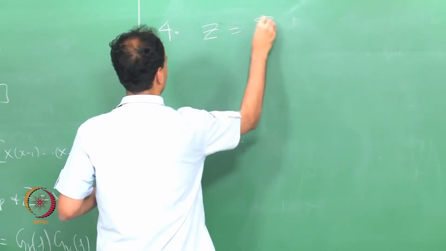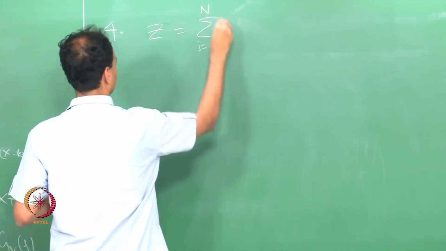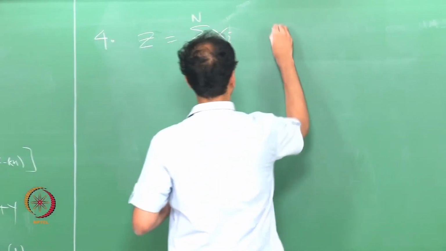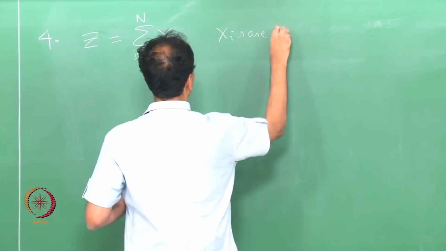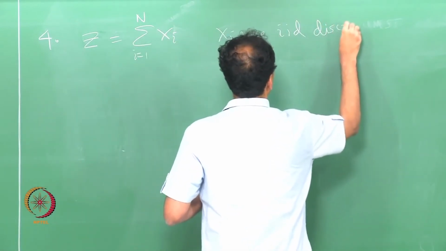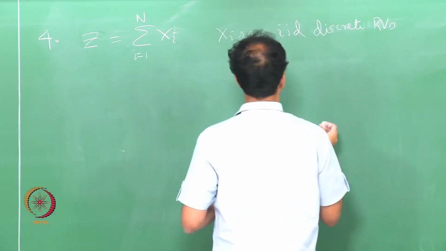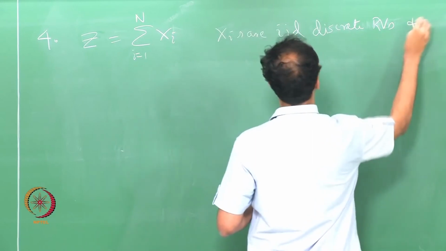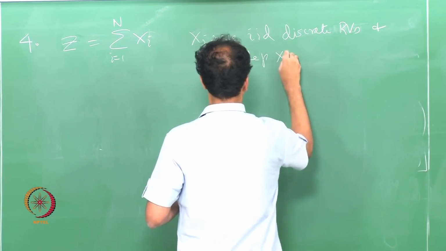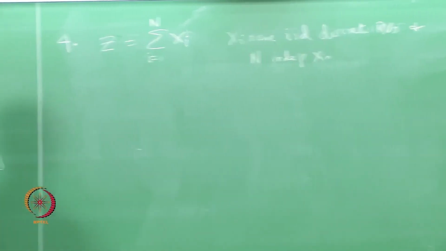Let us say z is equal to the sum over i equals 1 through n of x i, where the x i's are IID discrete random variables, actually positive integer valued random variables, and n is independent of the x i's.